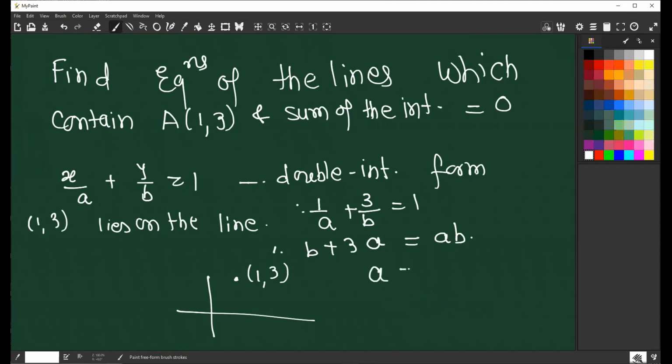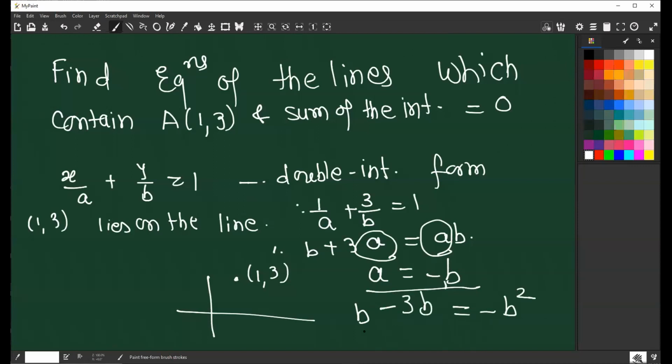तो if sum of the intercepts is 0, मतलब if A is the X intercept and B is the Y intercept, then A you can put it as minus B. So this is B के जगह B, यहाँ डालो minus B and यहाँ भी डालो minus B. So you will have minus B square, correct? यहाँ डालो, so minus 3B आएगा, correct?